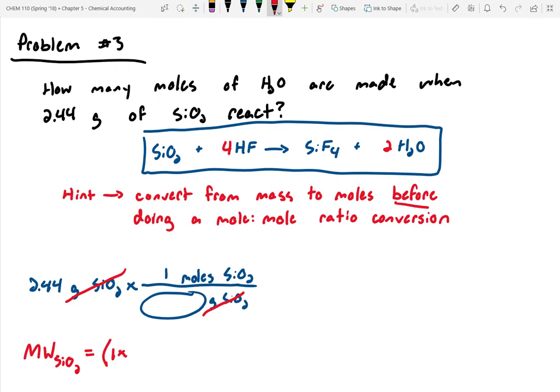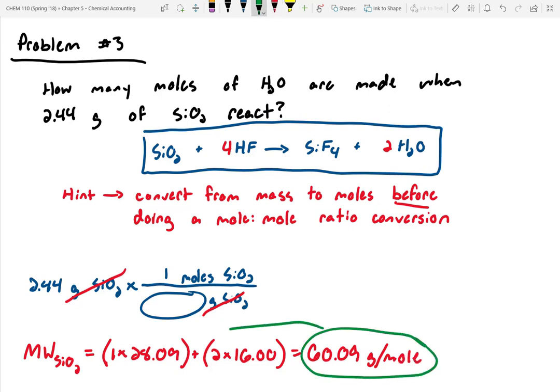We know each silicon weighs about 28.09 plus 2 oxygens, which are about 16.00 grams per mole. And when you add these together, you get 60.09 grams per mole. And now that we have this value, we can plug it in to go from grams to moles. So I'll just go ahead and plug in 60.09.